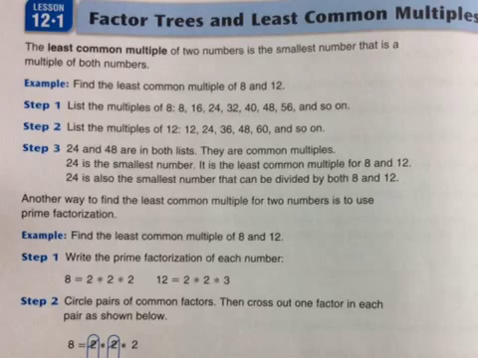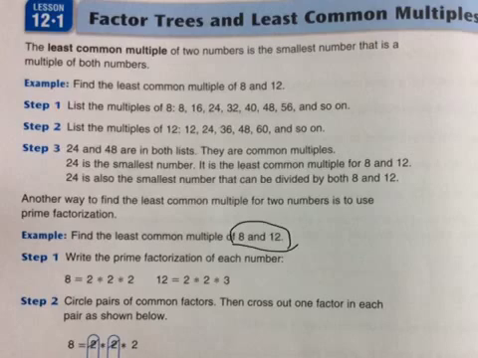On page 396, we are going to learn how to use factor trees to find the least common multiple. Please read these steps carefully so that you can see how to find the least common multiple. A multiple is a number that you get when multiplying, as the example has been given to us of 8 and 12.